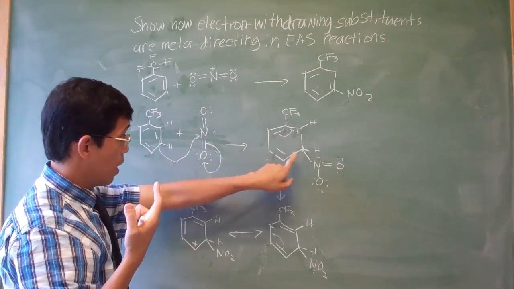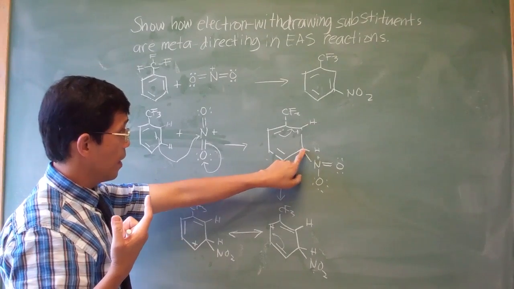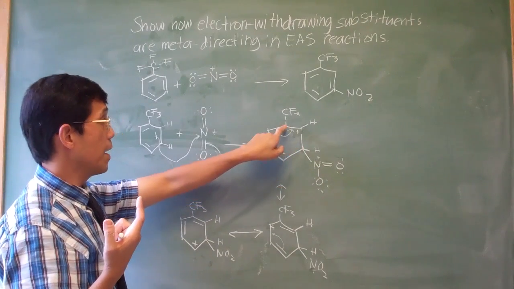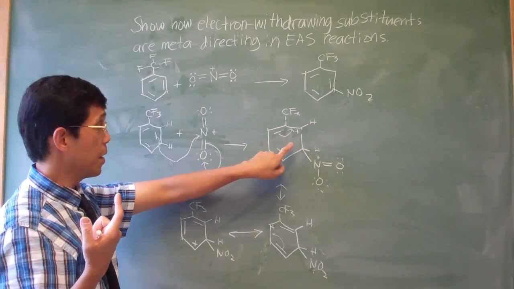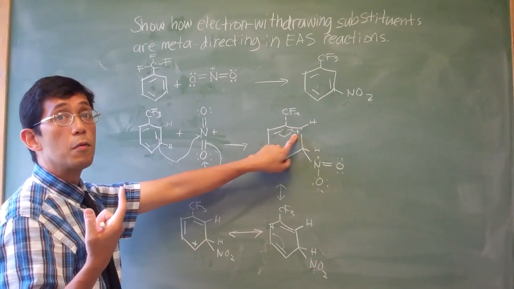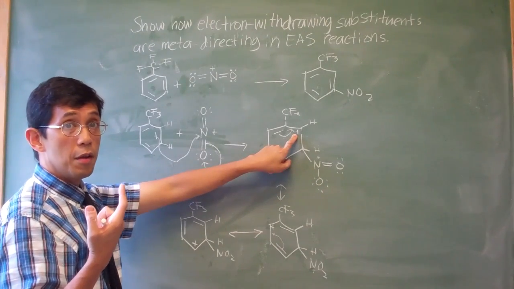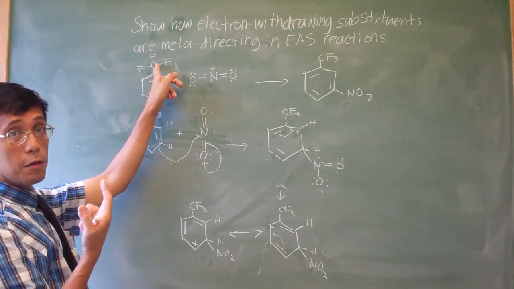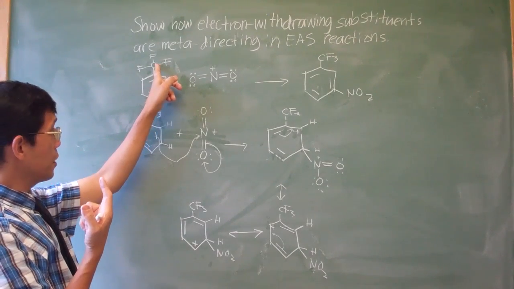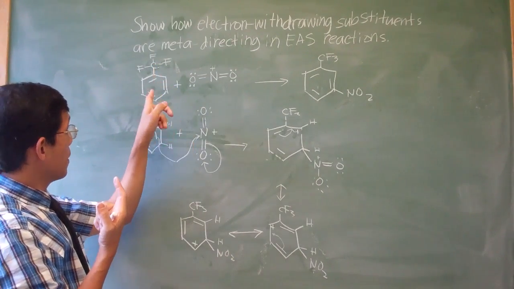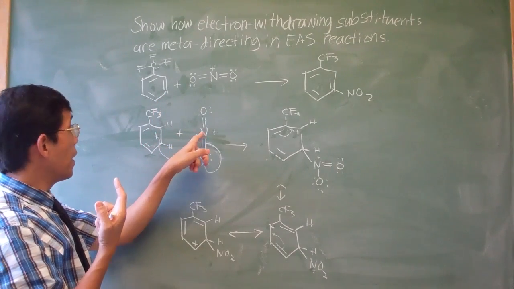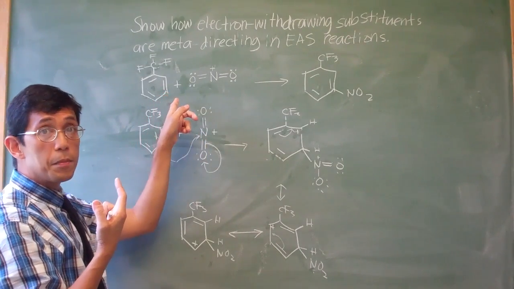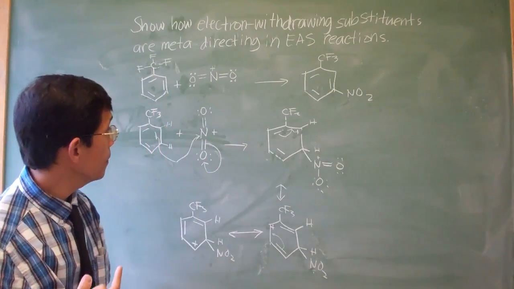So therefore, if we nitrate at the meta position, that carbon is bypassed by the positive charge, which is favorable. That is why whenever we have an electron withdrawing substituent, most of the time the electrophile adds at the meta position. Meta.